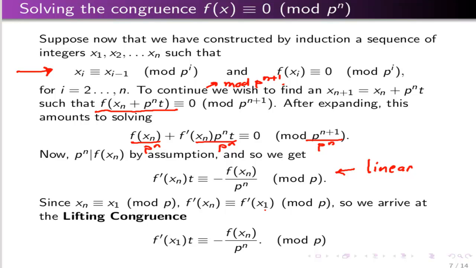So at every step of the process, you can replace f prime of xn with f prime of x1, the original integer we started with. And so we arrive at the following lifting congruence. The left-hand side is always going to have x1. You can replace the xn by x1: f prime of x1 times t is congruent to minus f of xn over p to the n mod p.